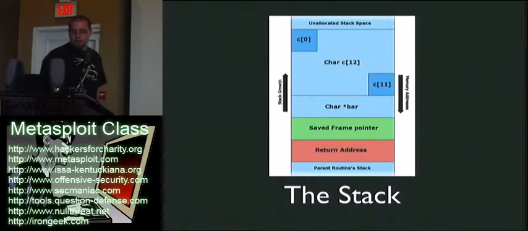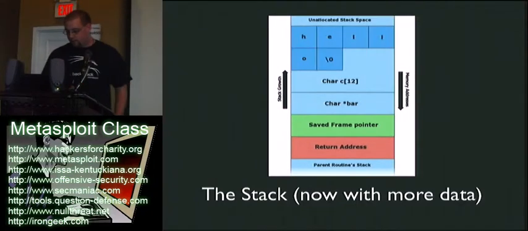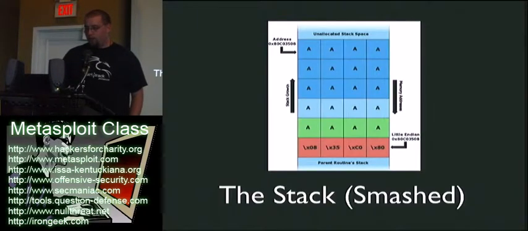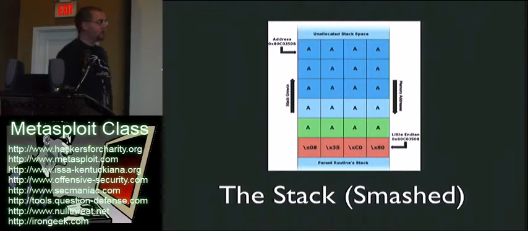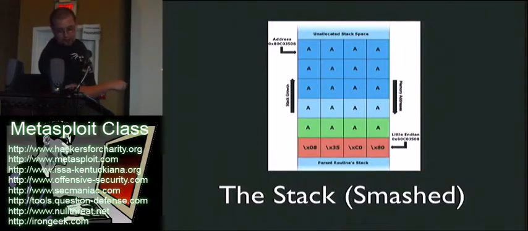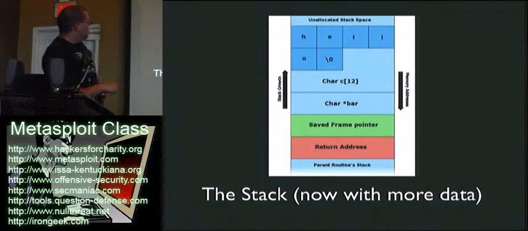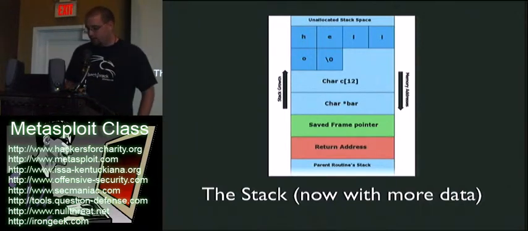As you can see here, we have an array of 12 characters, and some other stuff that I'll get into in a minute. The big thing is, it's waiting for 12 characters. When we put in the word hello with a null terminator, it fits in there just fine. If we send a bunch of A's, for example, you can see we overwrote the other stuff. Now, what is that other stuff? The red one is important: the return address.